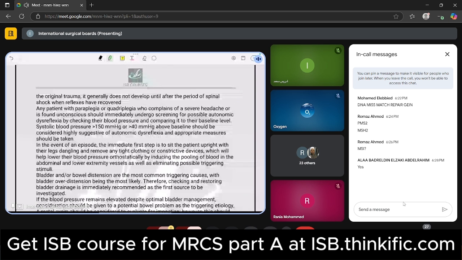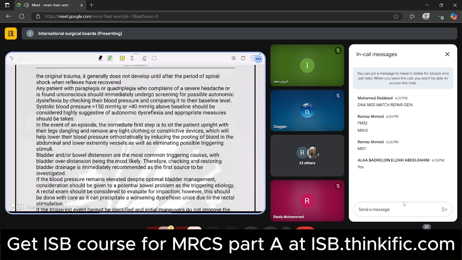Bladder or bowel distension are the most common triggering causes for autonomic dysreflexia. So the simple act of putting in a catheter can reduce the severity of this problem.